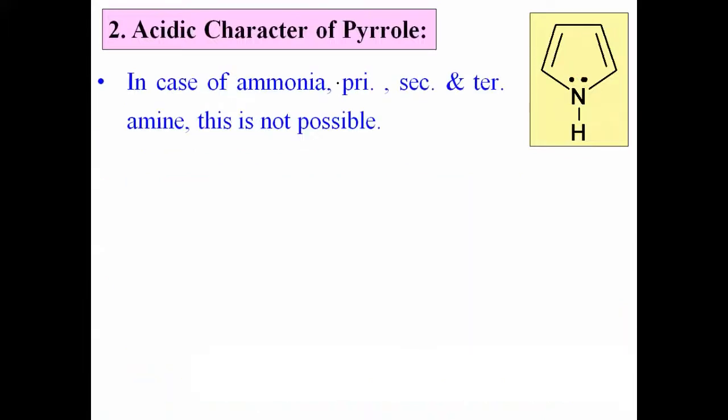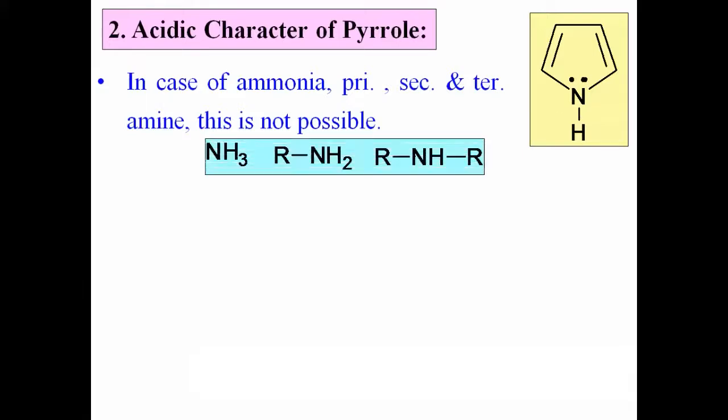In case of ammonia, primary amine, secondary amine and tertiary amine, this is not possible. The bond breaking and the electron pair moving towards nitrogen is not possible for them, but it is possible only in case of pyrrole. Therefore ammonia and primary, secondary and tertiary amines are not acidic in nature.